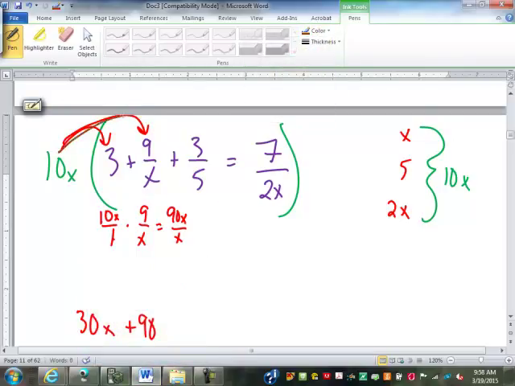Now we've got 10x times 3 over 5. So 10x over 1 times 3 over 5. 10x times 3 is 30x. 1 times 5 is 5. 30x divided by 5 is 6x.